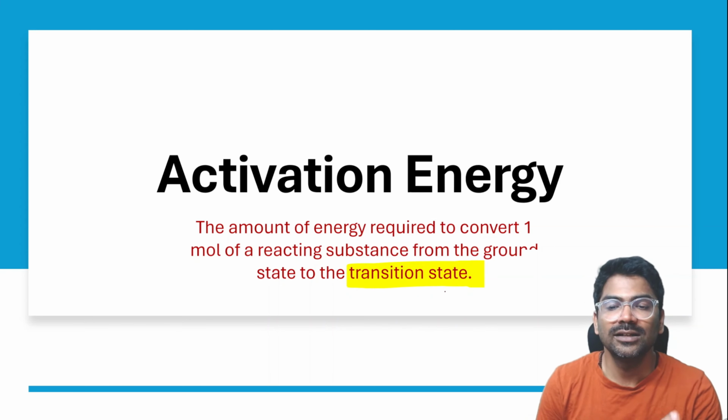Transition state has the highest free energy in the reaction coordinate. For a substrate to become transition state, irrespective of whether the reaction is endergonic or exergonic, you need energy. Conversion of substrate to transition state is always an endergonic reaction.